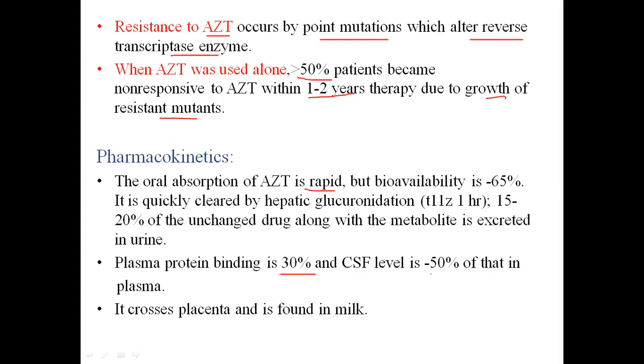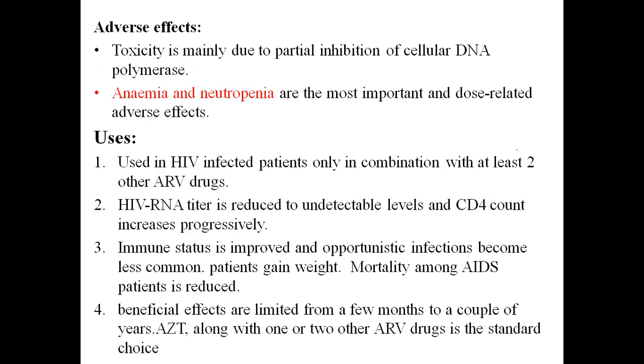It can cross placenta and can appear in milk, so you can guess the contraindication. Then toxicity is mainly ये DNA polymerase. Okay, it is inhibiting cellular DNA polymerase. Okay, तो हमारे जो नॉर्मल सेल है, जो अदर देन CD4 सेल है, उसके डीएनए पॉलीमरेज को भी ये इनहिबिट कर देता है. तो उसका प्रॉब्लम क्या होगा कि यहाँ पर एनीमिया होगा, न्यूट्रोपीनिया होगा.